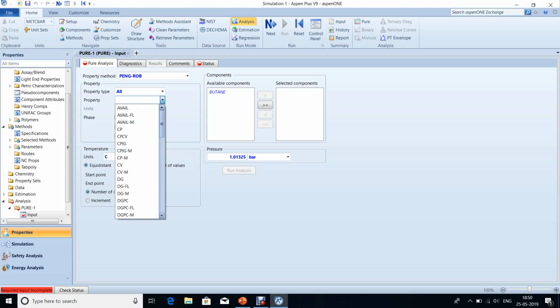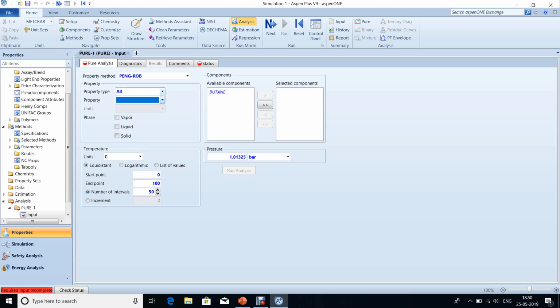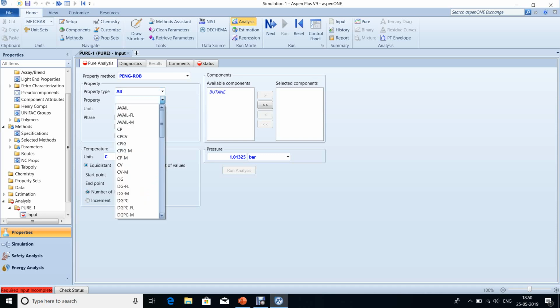If I had just activated transport, then only viscosity would have been there, but now all the properties are here. Let's say I want viscosity, that is mu. So here it is mentioned as mu.